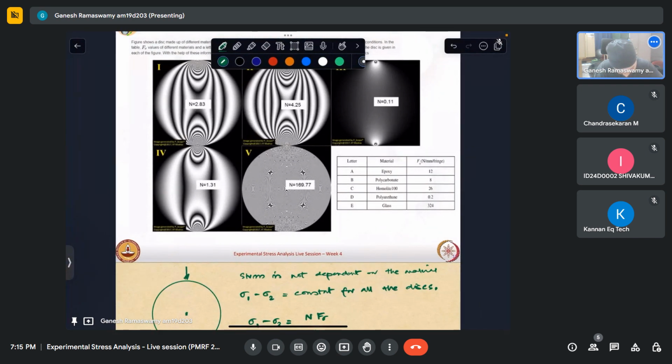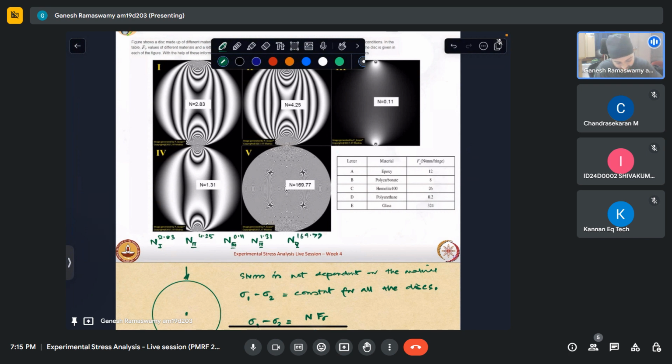Actually, it's not given in a table. That's why it is a little inconvenient. Okay, n for 1 is 2.83, n for 2 is 4.25, n for 3 is 0.11, n for 4 is 1.31, n for 5 is 169.77.